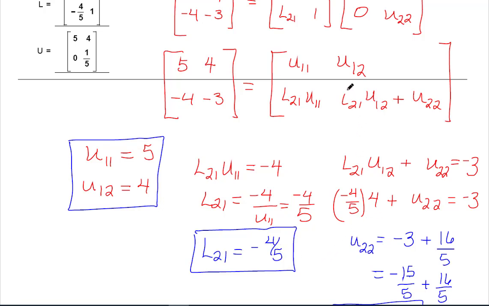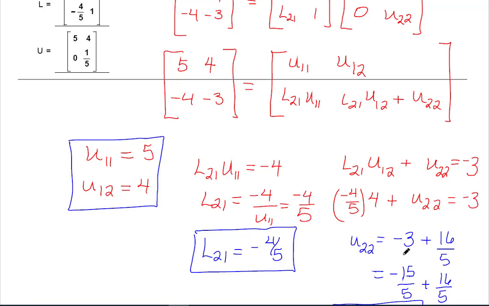So L21 is minus 4/5. And so finally I match up this sum has to be minus 3. So let's fill in what we know. This is minus 4/5. This is 4. I'm looking for u22. And so I get a minus 16/5. Bring it to the right hand side, a positive.